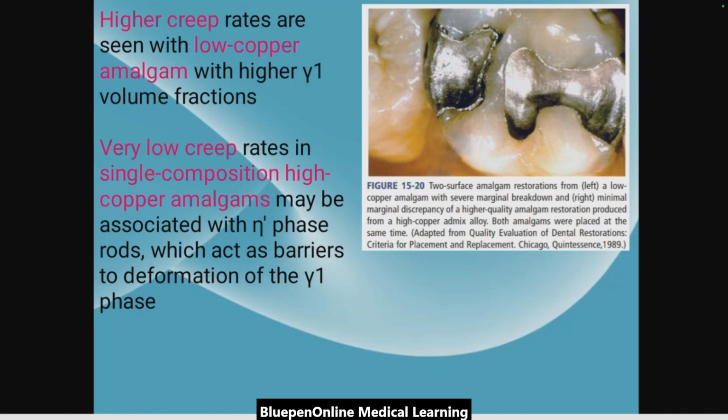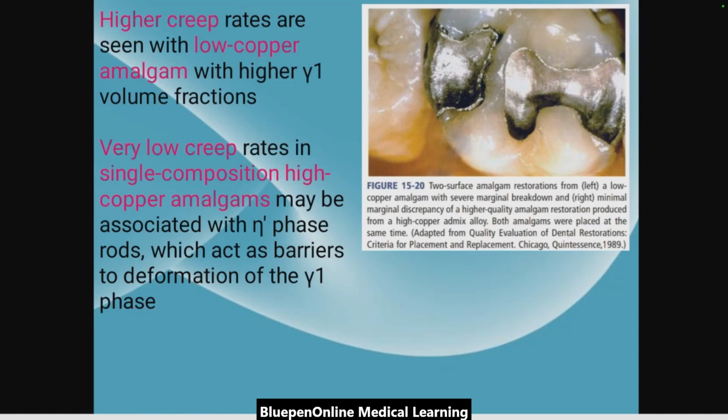A gap was seen between the cavity walls and the restoration. This is a low copper alloy, which was used for the left side restoration. On the right side, you can see a high copper admix alloy was used. So the margins are pretty intact. The contact with the cavity walls is intact. There is no gap between the two.